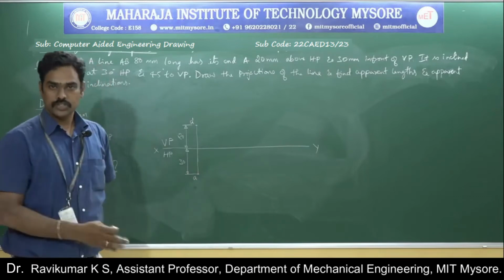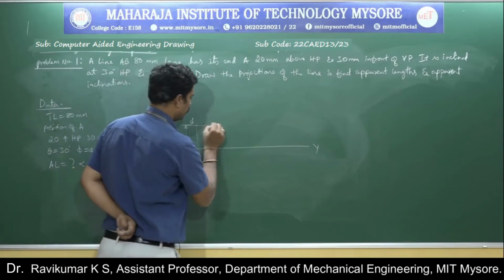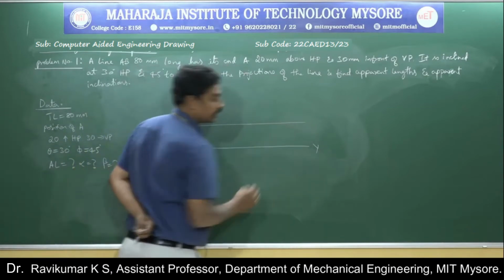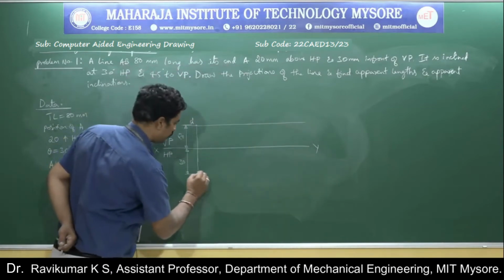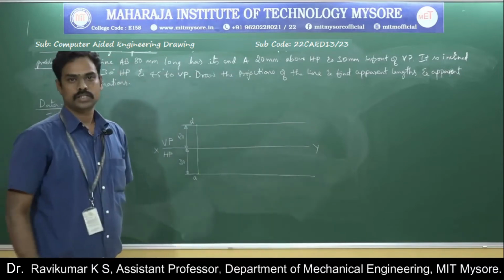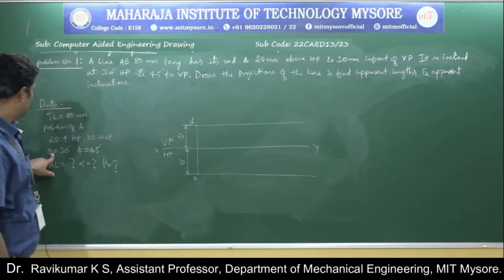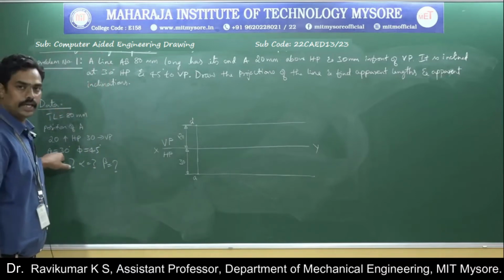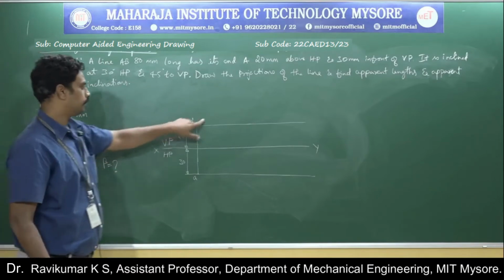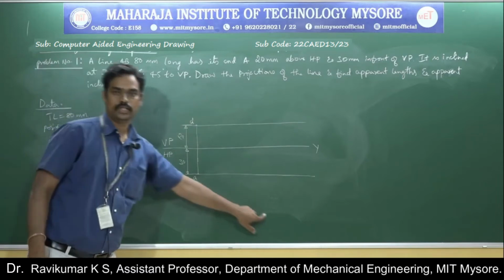Once you write the position of point A, draw a locus from that point with a thin line. It is just the locus of point A. Then you know that the angle theta is 30 degrees to HP in the front view, and phi is 45 degrees to VP in the top view.